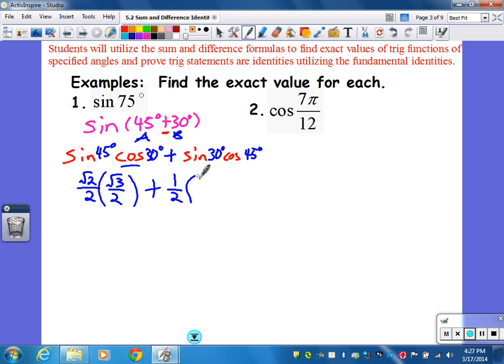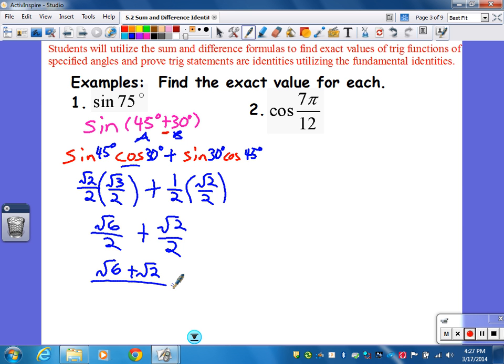Cosine of 45 degrees is square root of 2 over 2. And now it's simple, you're just multiplying. So we have the square root of 6 over 4 plus the square root of 2 over 4. Now I would accept that answer, or you can also write the square root of 6 plus the square root of 2 over 4. Remember, if we don't have like radicals, or like numbers underneath your radical, we cannot add those. So there we go.